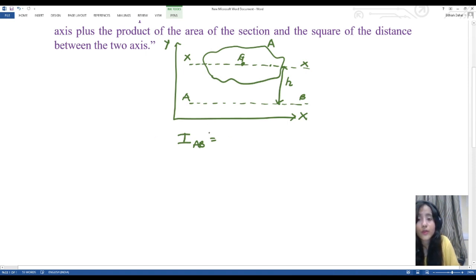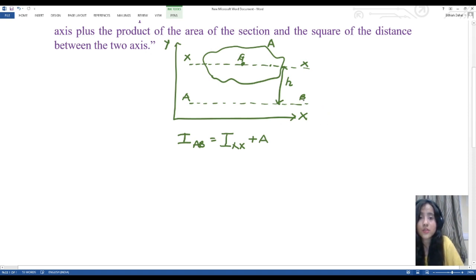So if I want to find the moment of inertia about this IAB, my moment of inertia will be equal to the moment of inertia of this irregular plane, which will be Ix, plus the area of that irregular section into the distance between these two planes.